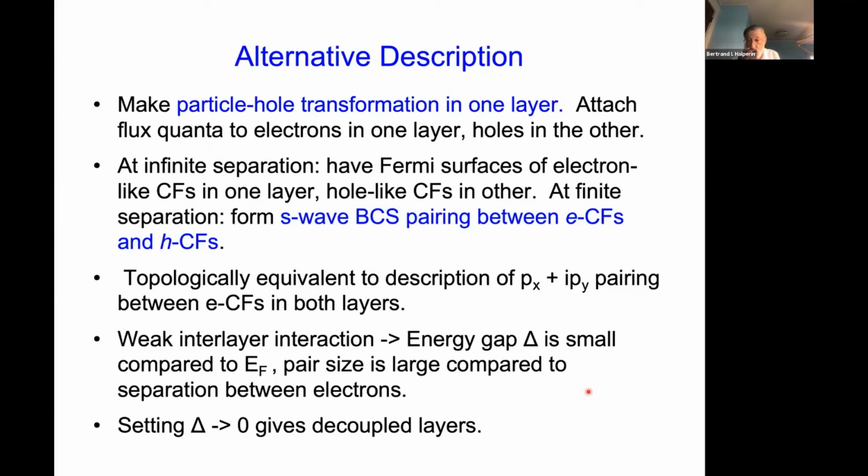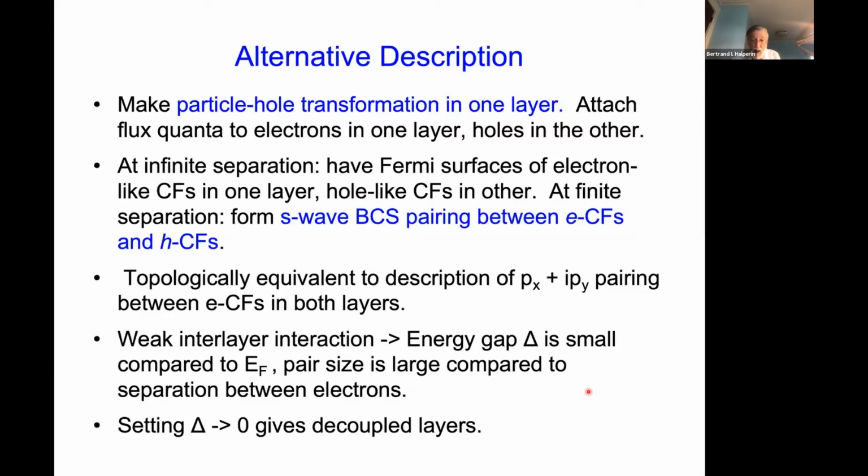And this has to do with the role of the gauge fields, which I won't go into, but they turn out to be topologically the same, though they are, of course, somewhat different trial wave functions. And they may help to understand what's going on, particularly in the limit where the layers get close together.